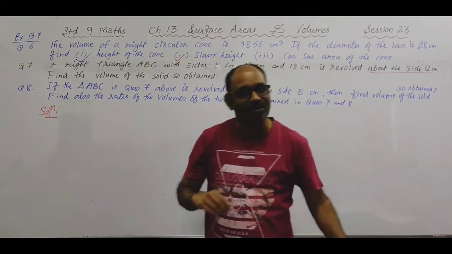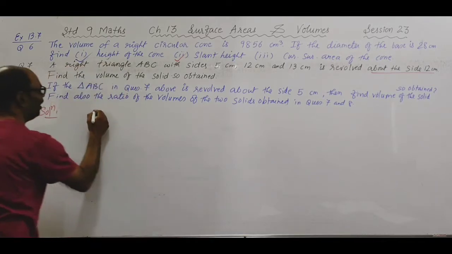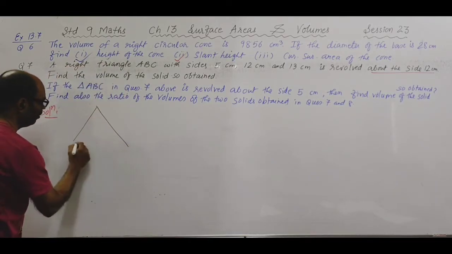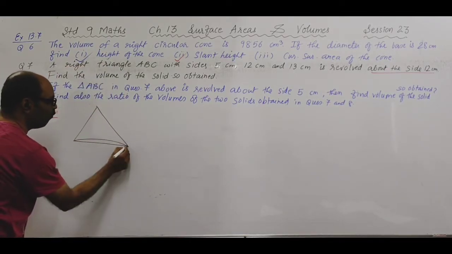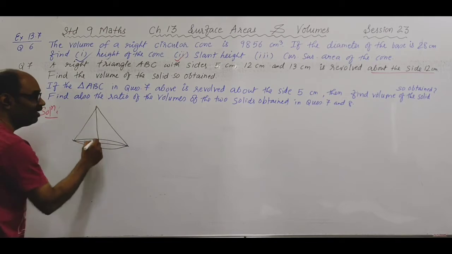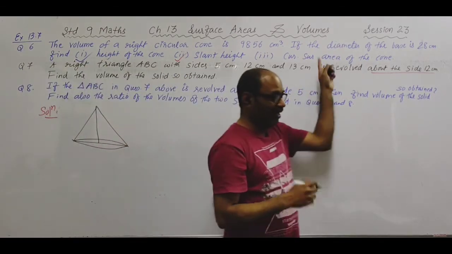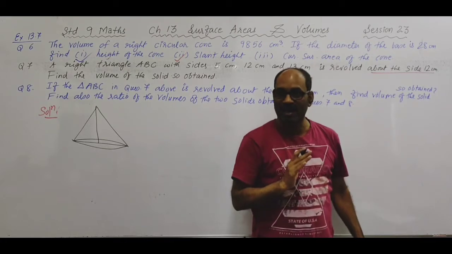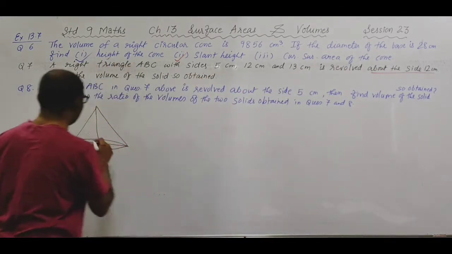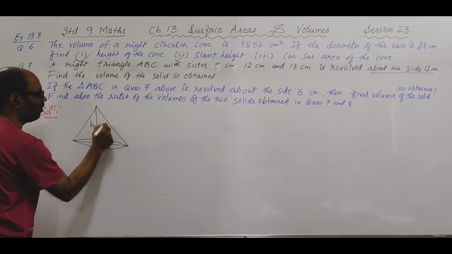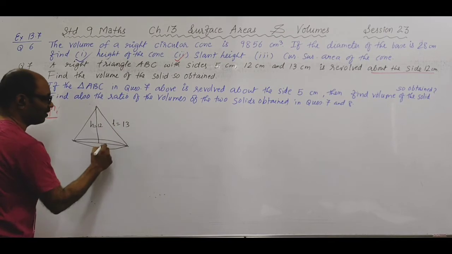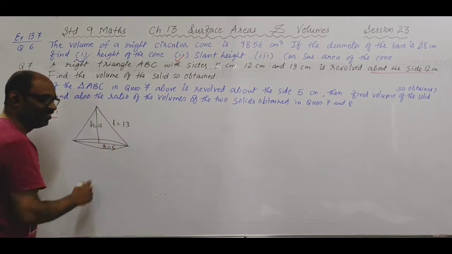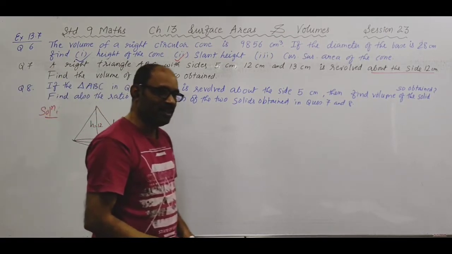So I am going to draw the cone formed by revolving that right triangle about the side which measures 12 centimeter. So this is h and that is 12. This is l and that is 13. And this is r. Everything is available.